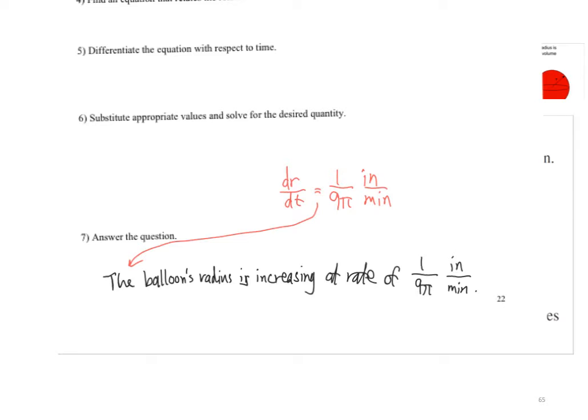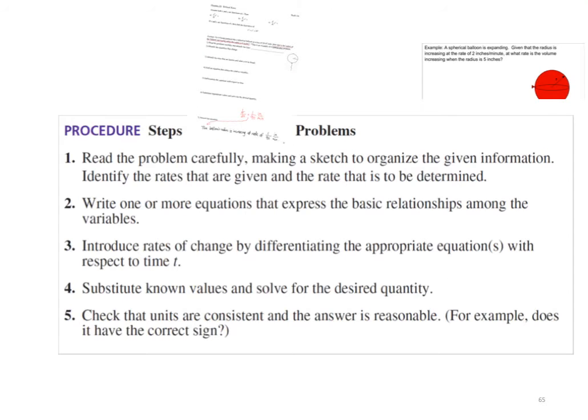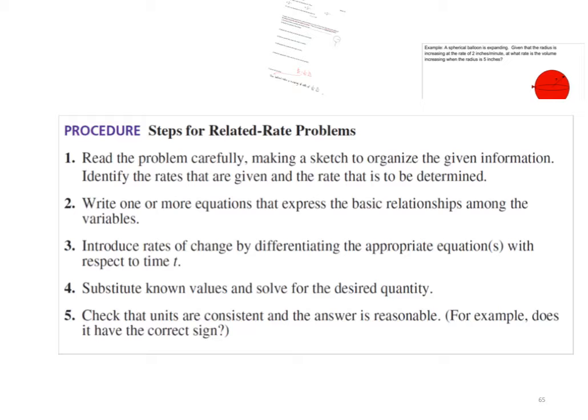The nice thing here is that our final answer was a positive number, and the problem's asking for the rate at which something is increasing, which means everything is consistent and makes sense. So we're pretty happy about that. That's an important step to double check. Okay, so those are the steps for related rates problems.